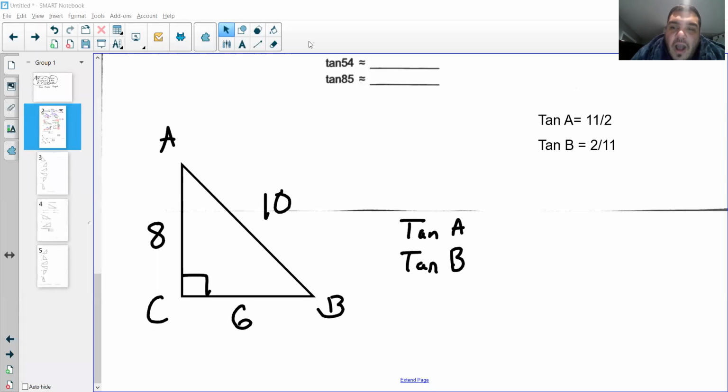So, no, your opposite and your adjacent got flipped. Remember, it's opposite over adjacent. Ellie, private message, please. And you can leave it as an improper fraction. You don't have to change it into a mixed number.